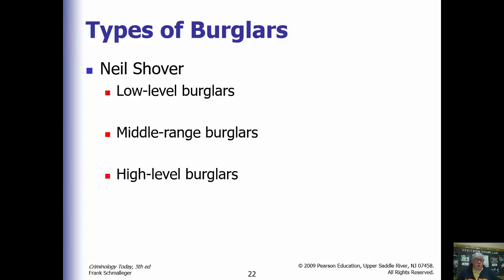Your high-level burglars are your Ocean's people, and I'm going to show you some art thieves and some diamond thieves. These are high-level people. They're professional, and they make a lot of money doing their thing. Where your average burglar is more likely the low-level person who is a target of opportunity. Middle range, again, those people that are making a decent living out of it, but not your big timers.